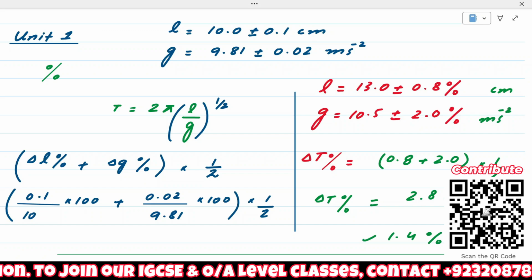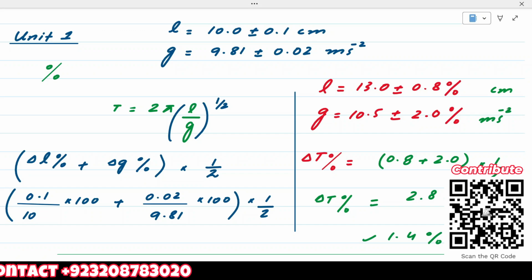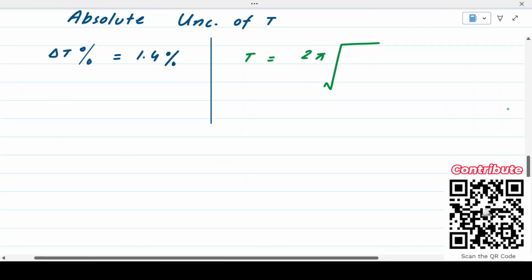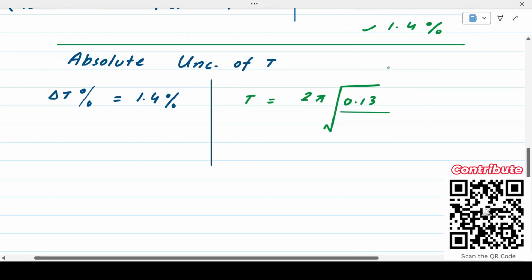Very important thing. Many of the students forget this. For principal value, units need to be converted. So 13.0 would be 0.13 divided by 10.5.